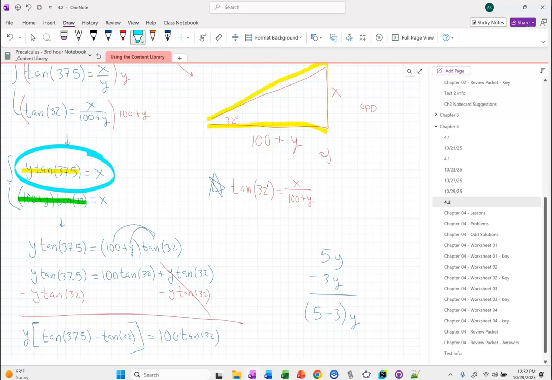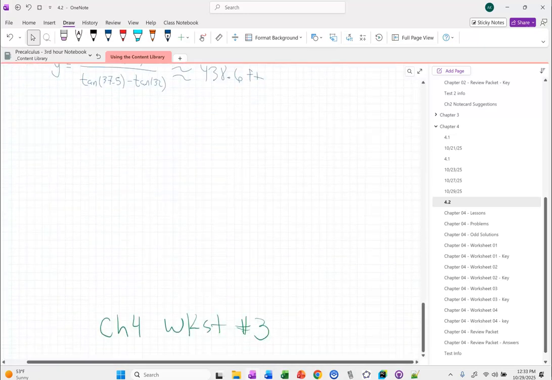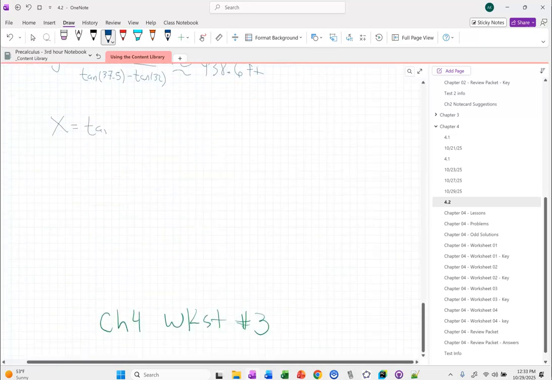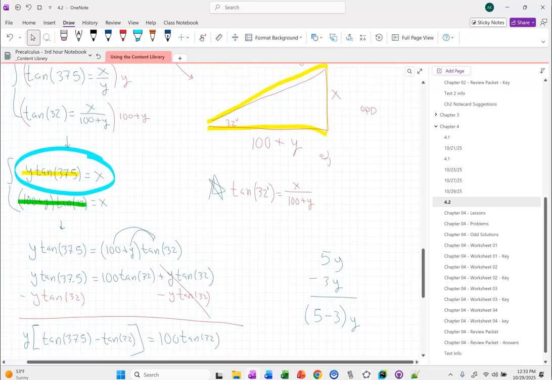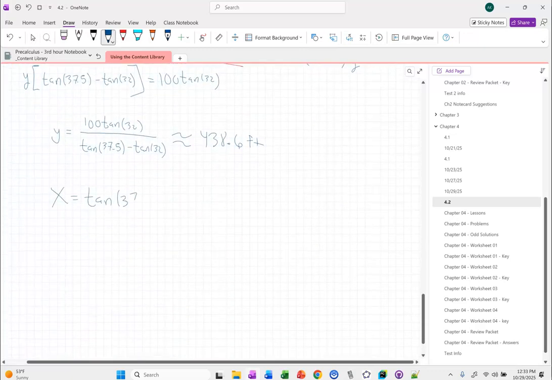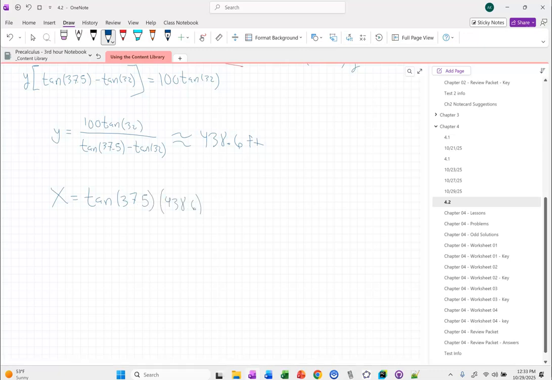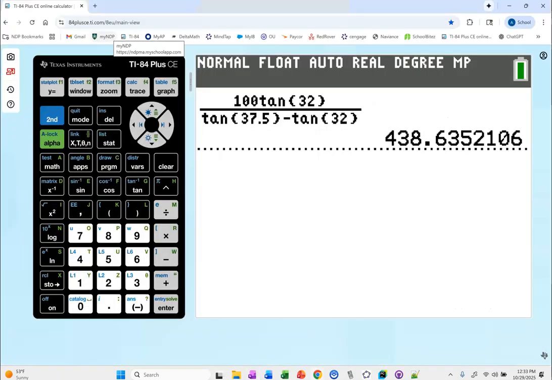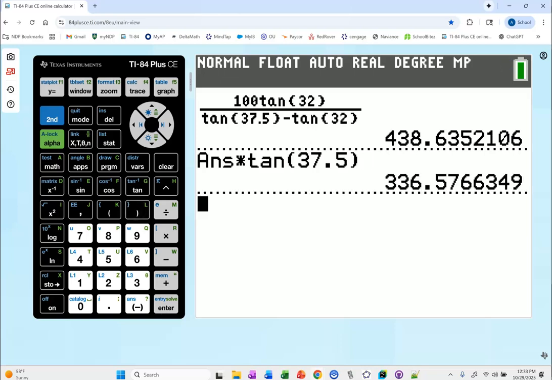So I'm going to grab this equation and plug my y in. Was it 37.5? So, 336.6-ish.